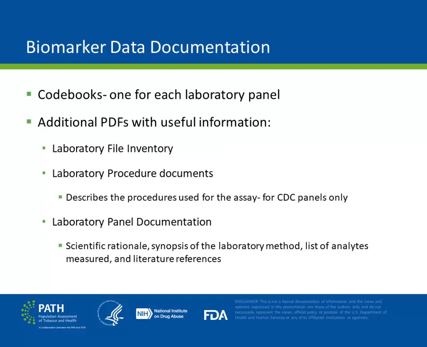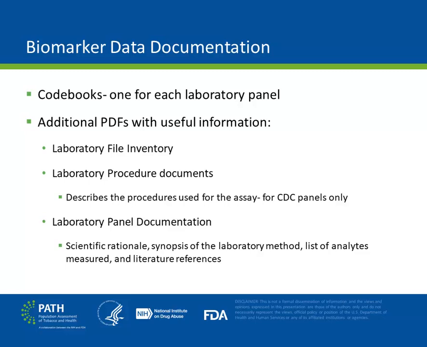Instead of one codebook per instrument data file, the BRUF contains one codebook for each laboratory panel, as well as for the urine and blood NEQs. There are also additional PDFs with useful information, including a laboratory file inventory, which has the number of records and results on each lab panel data file.